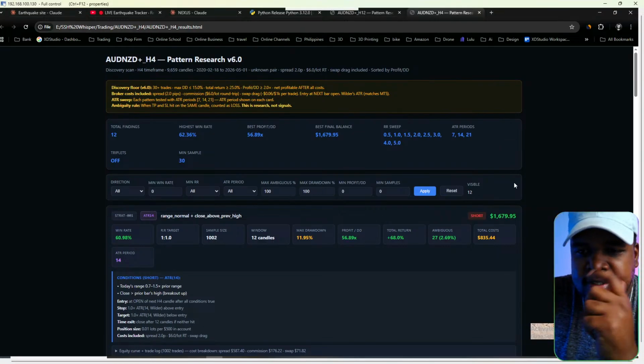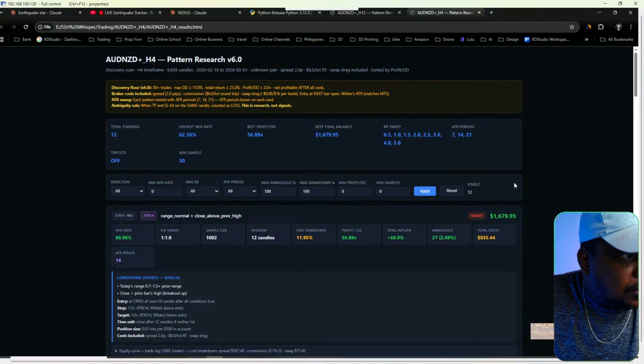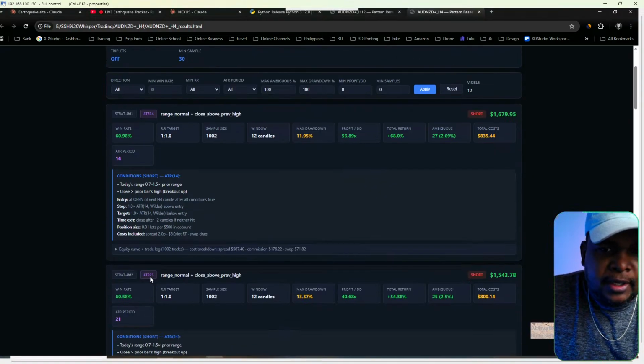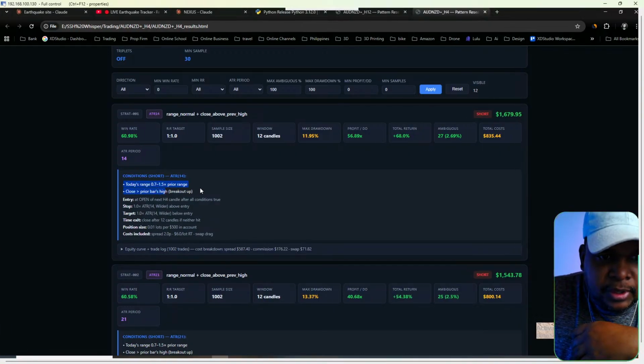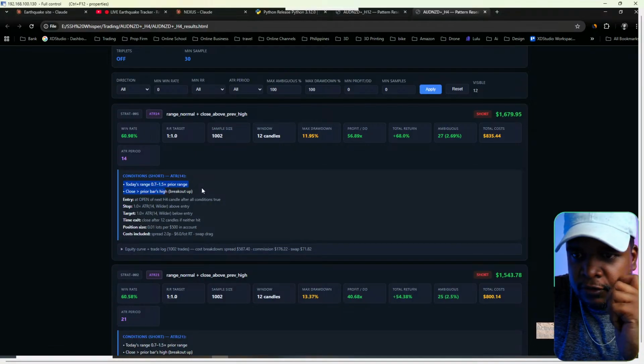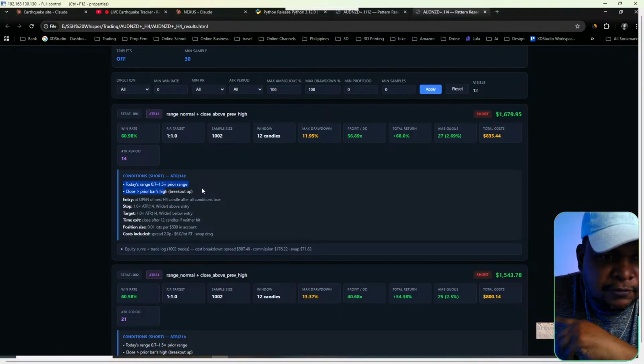Now, I will say there is an issue, and this is what we were doing today: when it finds the strategy, the description here is a bit vague. So when SSH Whisper has to write it into code, there was some confusion.